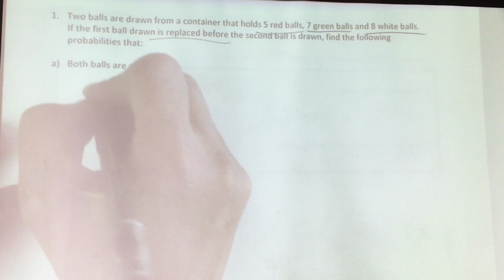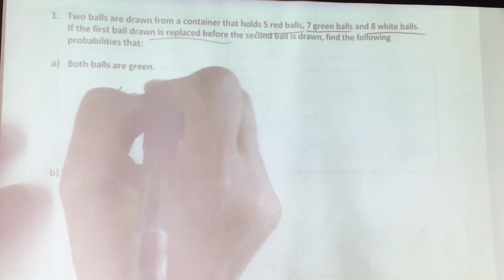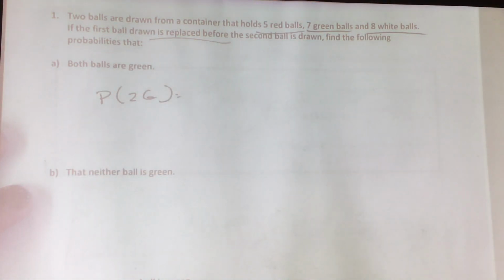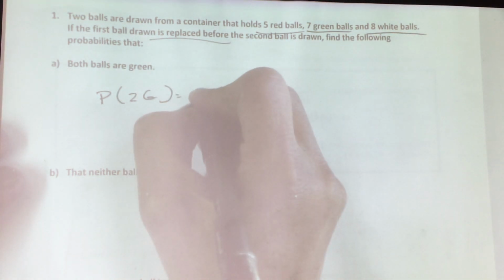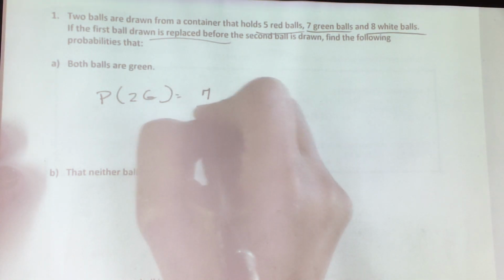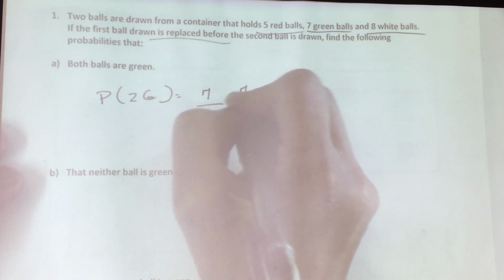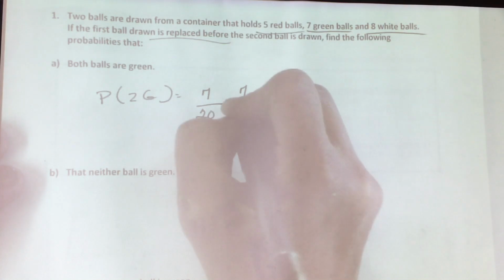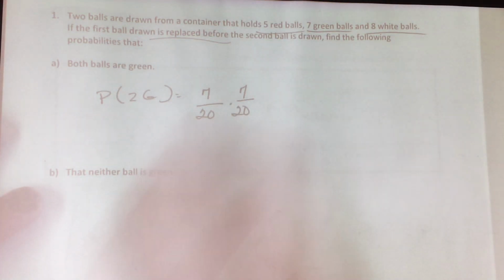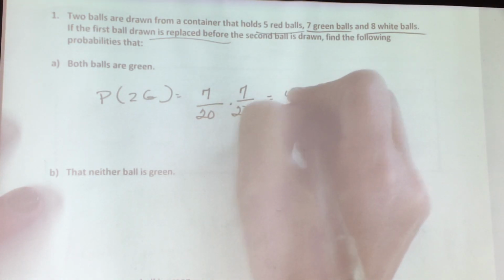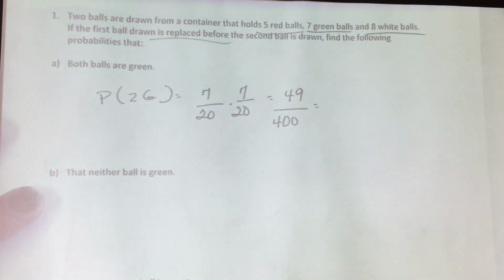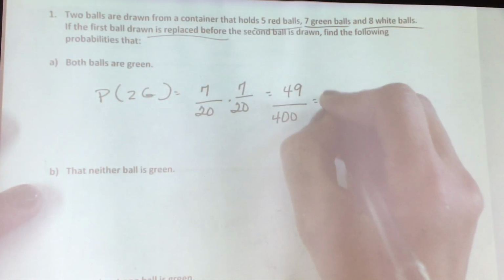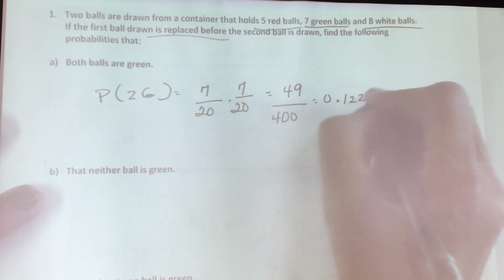Here the green balls are 7 out of a total of 20. Since you are replacing it, you again have 7 out of 20. So 7 times 7 is 49, 20 times 20 is 400. 49 divided by 400 is 0.1225.